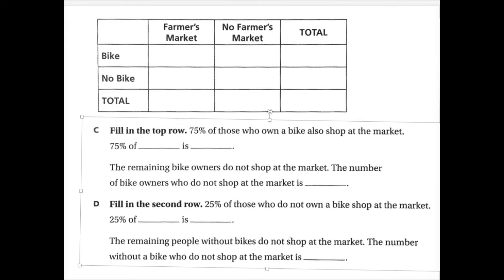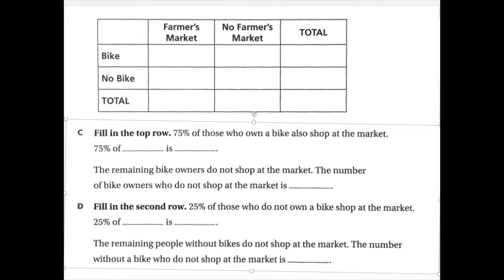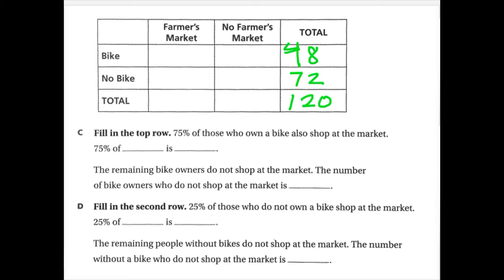Now for C and D, let me refill out our table up here. So far we have 48 people own a bike, 72 do not. 120 people were surveyed. So let's look at C. C says, fill in the top row, 75% of those who own a bike also shop at the market.